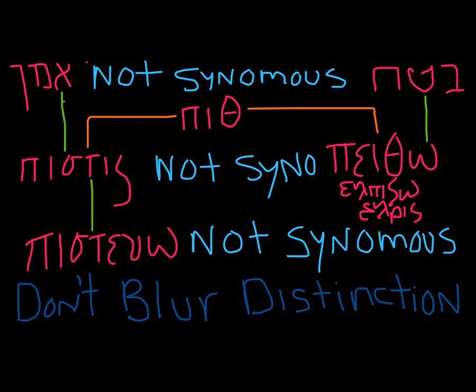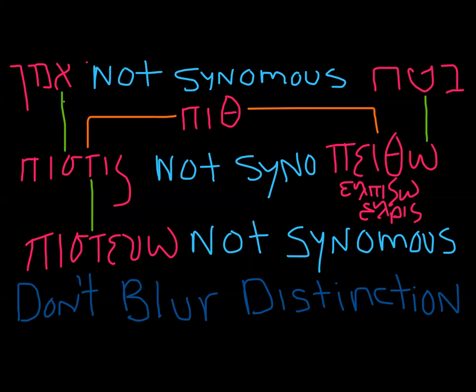This slide right here summarizes what we've done in the previous video. Basically, we showed that the Hebrew words aman and batak are not synonymous. The supposed root of pistis and patho, which is pith, are not synonymous.